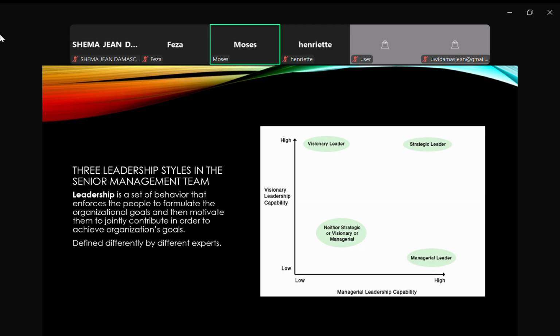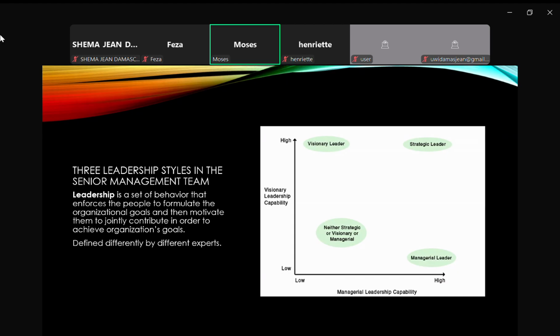And on the other extreme, you have a managerial leader. A managerial leader is a manager, someone who is good at establishing systems and processes that are essential for a company's effectiveness. And then you have a strategic leader.